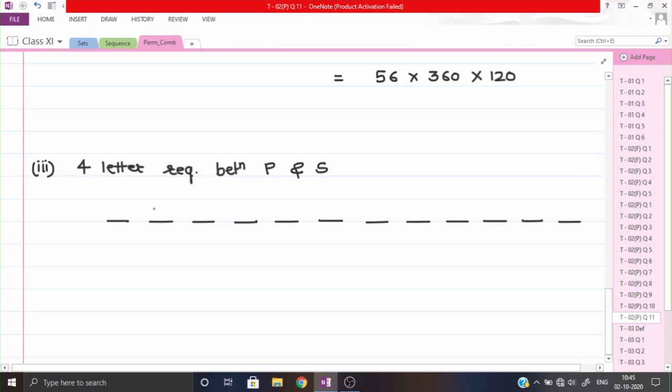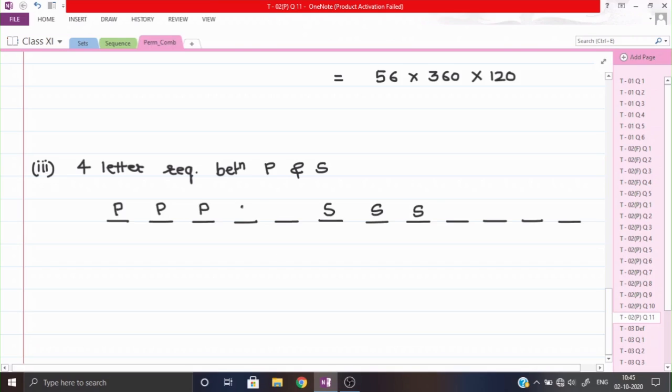Now see, if I place P at the first place, I need to keep a gap of 4 places and then S will come. So 1 2 3 and 4, and then here I can keep S. This is one arrangement, means one way. Suppose I keep P at the second place, then definitely S will come here. If I keep P at the third place, then S will come here.